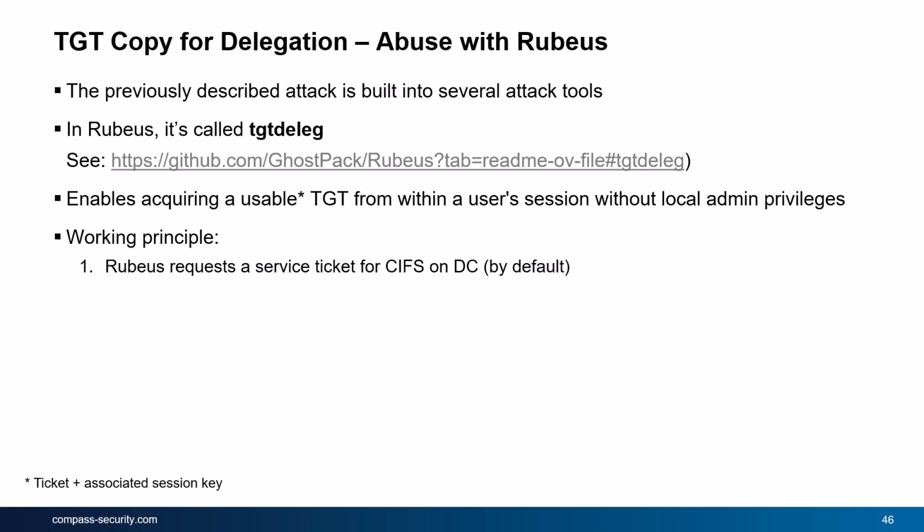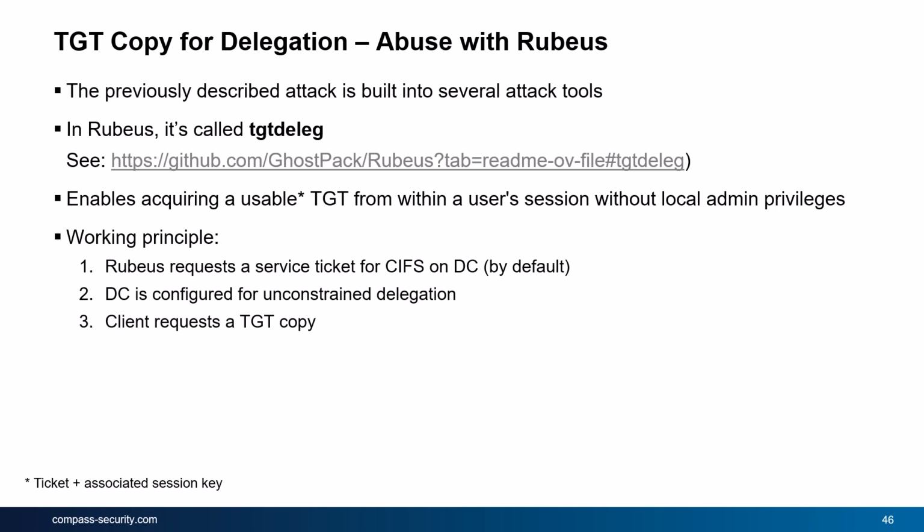Now, this is the default configuration. You can override that if you have another system that is configured for unconstrained delegation. Then when this request is parsed by the DC, it will obviously check if the target, so the DC itself, is configured for unconstrained delegation, which is the case.